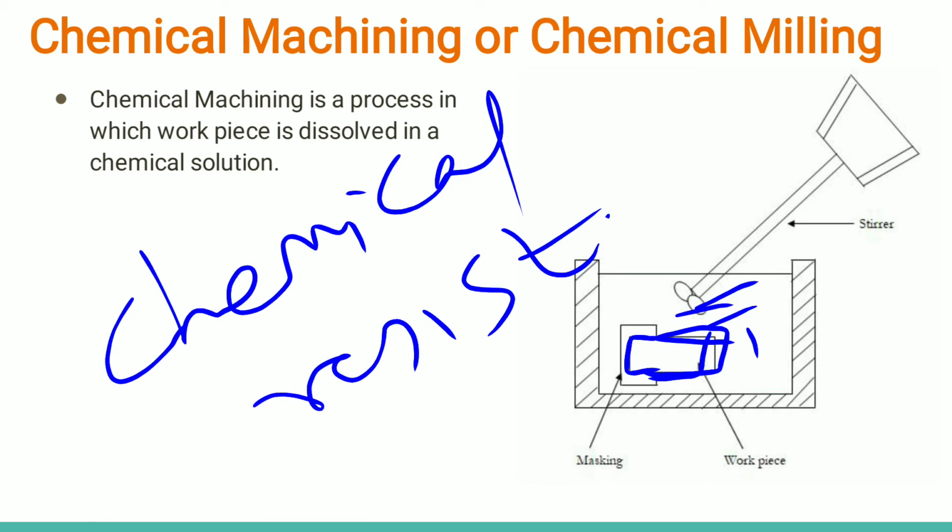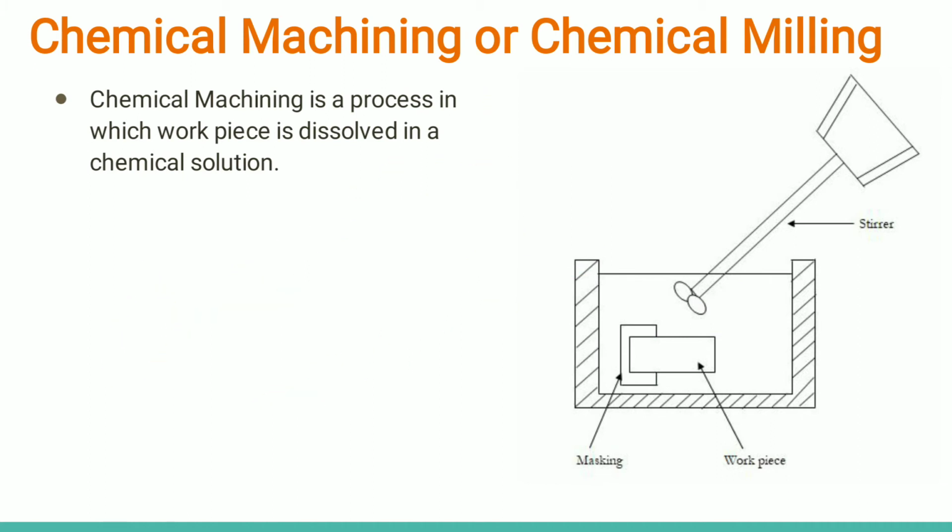If we are using this mask, the chemical solution will be in contact with the mask, but since the mask is chemical resistant, material should not be removed from that part. Only the surface that we have to remove is exposed to the chemical solution, and the remaining portion we cover with the mask.